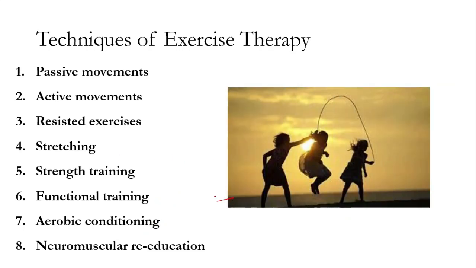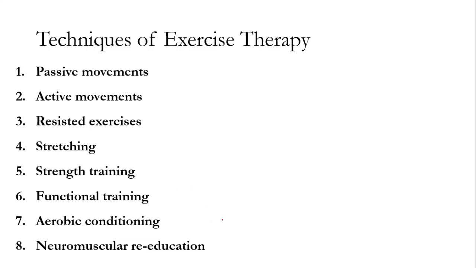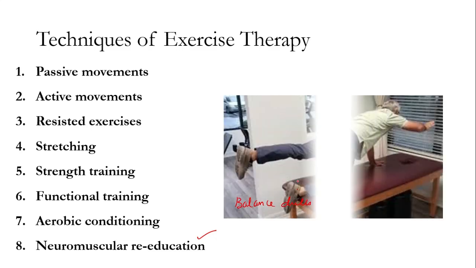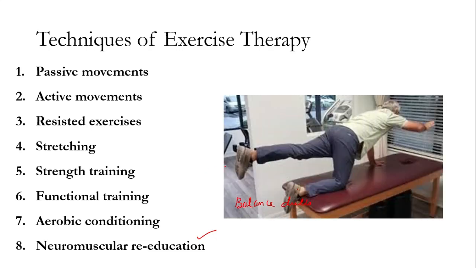Here I have given the example of jump rope. It is for improving the overall health of your heart and your lungs. And then coming on to neuromuscular re-education. Neuromuscular re-education is especially important for neurological injuries, like balance drills and also coordination training.